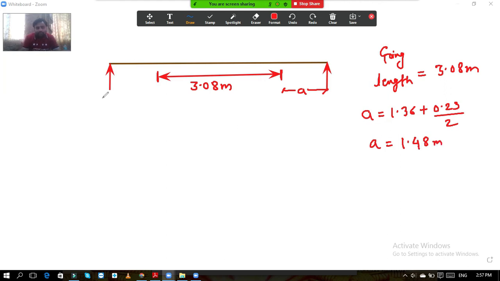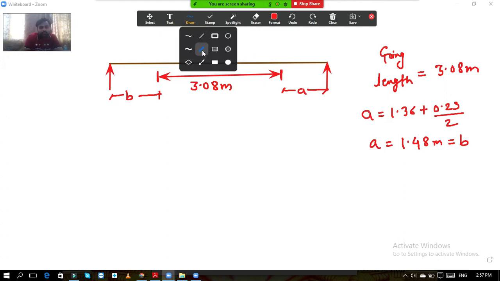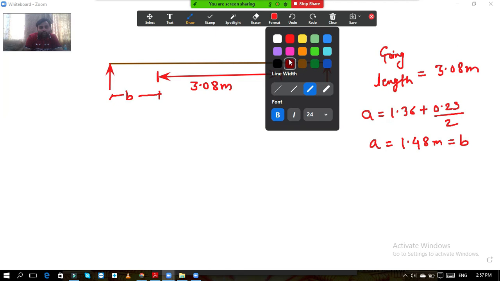And same, if we consider this distance as B, same thing is there. A is equal to B. So I will write these values over here.